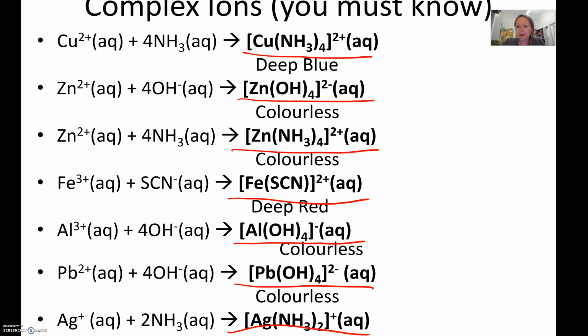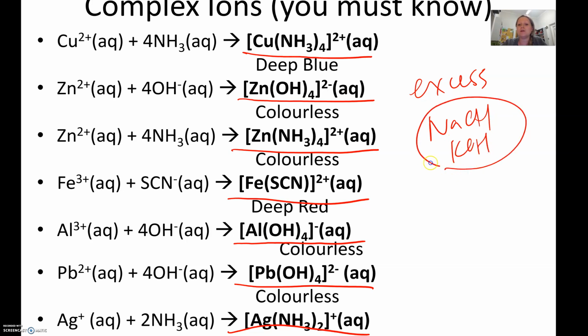There are some helpful hints because in the question it'll say add excess of either NaOH or KOH, and if they add excess NaOH or KOH then it's going to be one of these complexes with the OH minus in brackets, and if they say add excess NH3 then it's going to be one of these complexes with NH3.